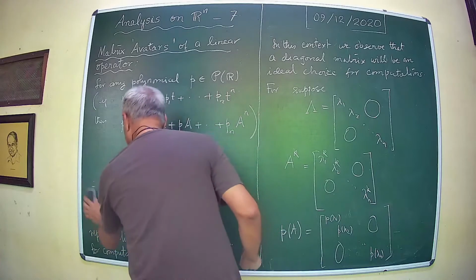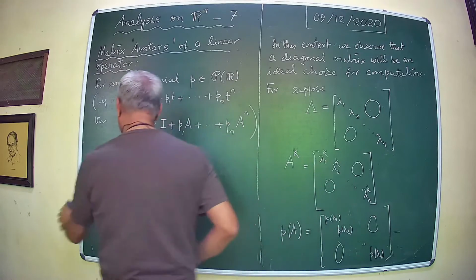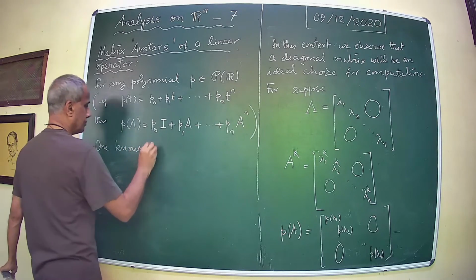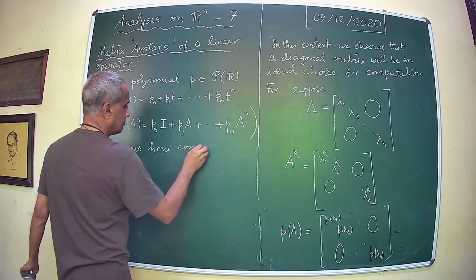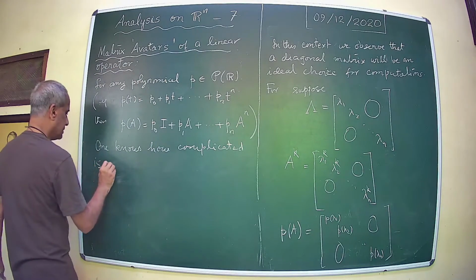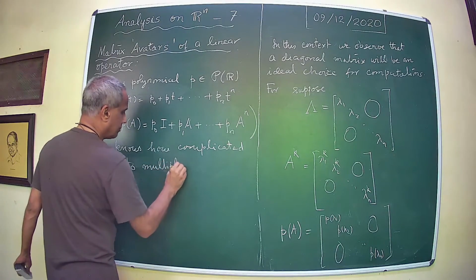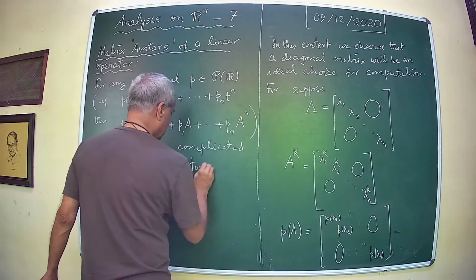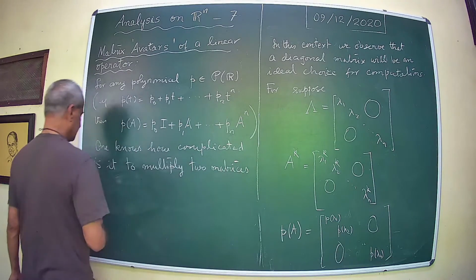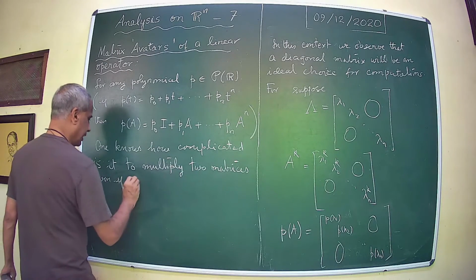So you see, there is a very definite advantage, and one knows how complicated it is to multiply matrices, even if n is large.